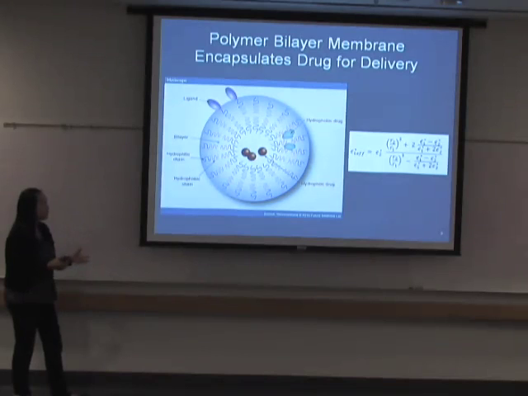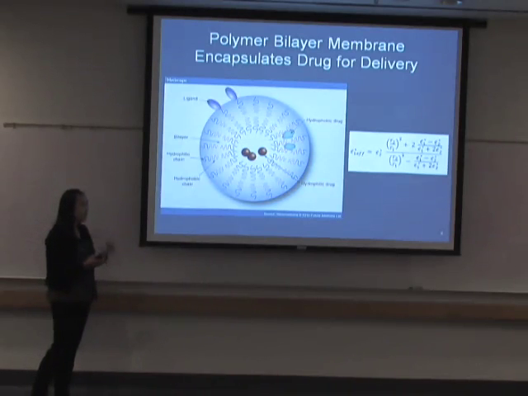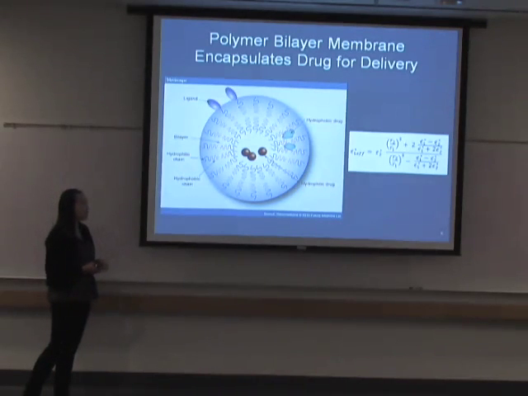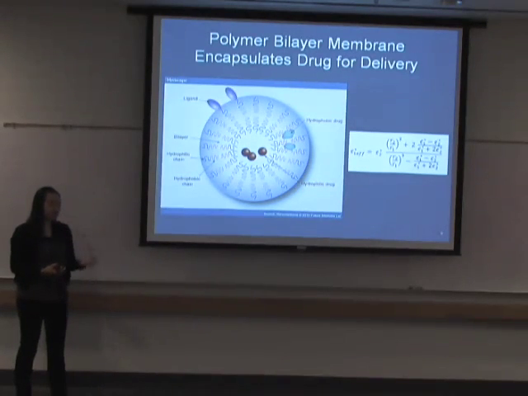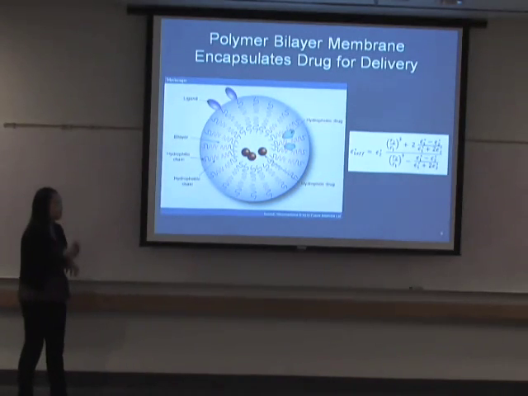And because this particle is not completely made out of one material or one compound, it has a more complex permittivity and conductivity. And so the overall effective conductivity and permittivity of the entire particle is dependent on both the conductivity and permittivity of each section of the particle as well as the radii of each section.